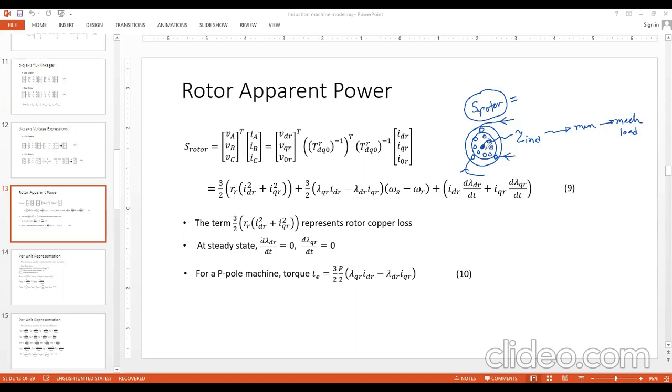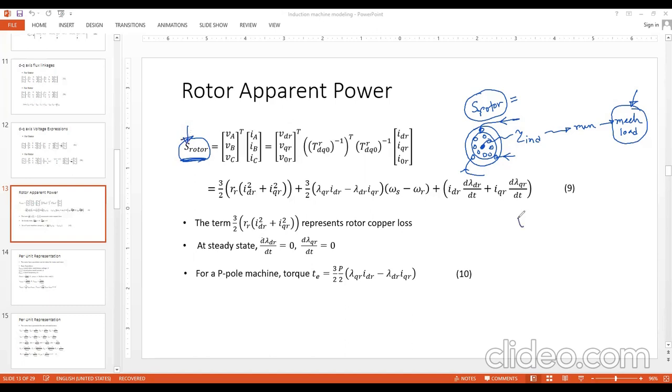From that power, after you deduct the mechanical losses, rotational losses, friction and windage losses, you would get the final mechanical power available at the shaft for running the mechanical load. So this S rotor is the apparent power because you are applying electrical input, which is ultimately coming into the rotor circuit, and this is how much apparent power is available at the rotor shaft. So that is the apparent power, not the real power.